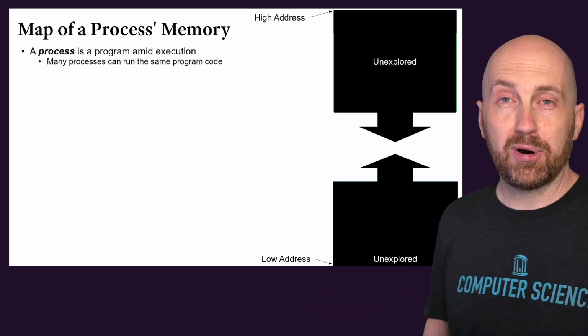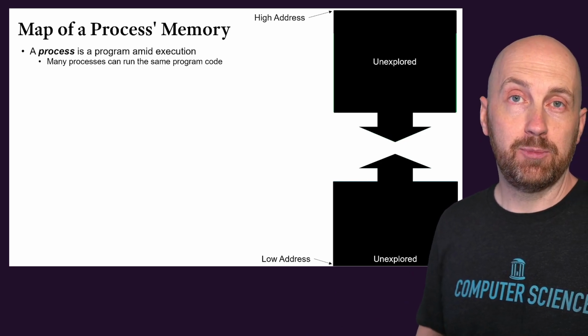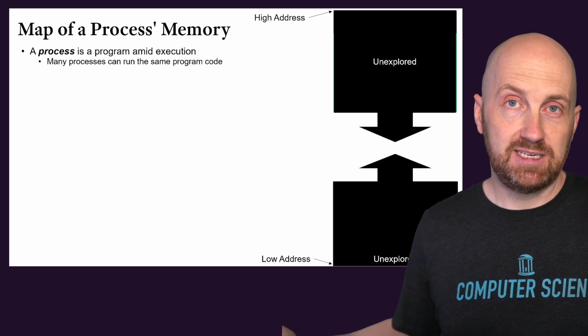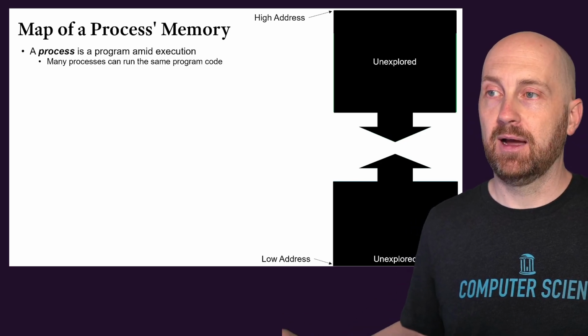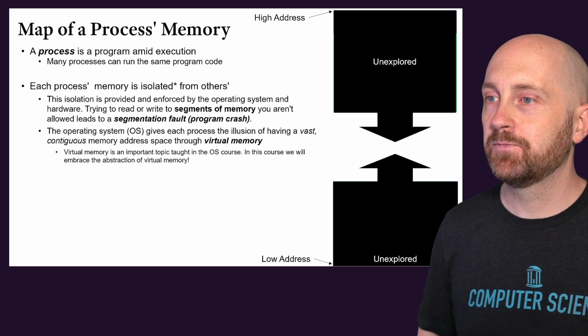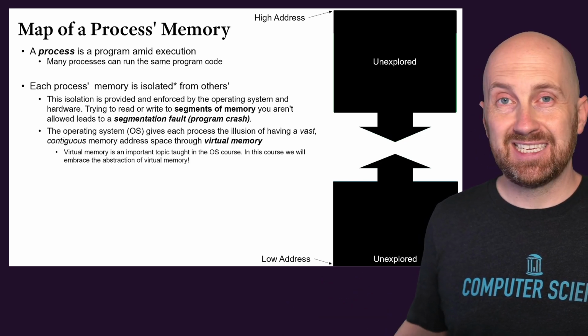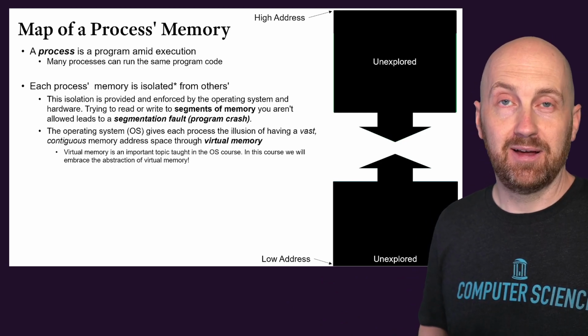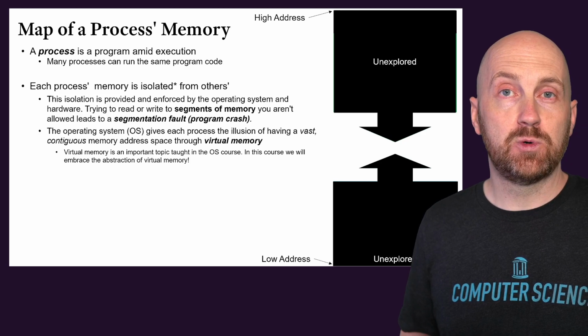As a reminder, a process is a running program, or a program in the midst of execution. And many different processes can be running the same program. But in this case, we're thinking about the memory of a single process. Each process has its memory isolated from others in a really clever and fascinating way called virtual memory.